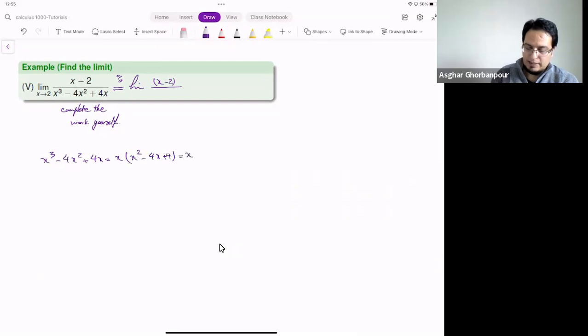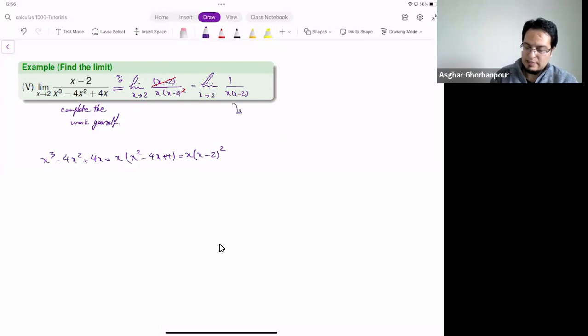And this is a complete square, actually. x minus 2 squared is there. So it's x minus 2 squared as x goes to 2. Now, when I'm trying to cancel, I can cancel one of these with this guy here. And then the remaining is actually 1 over x minus 2 as x goes to 2.